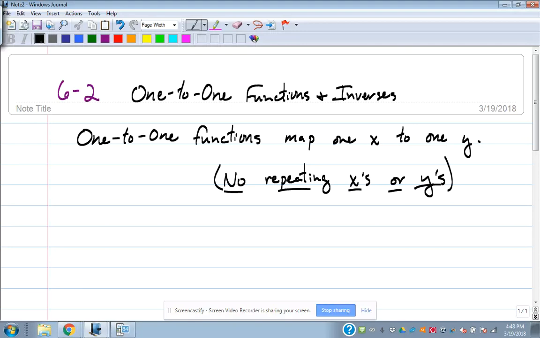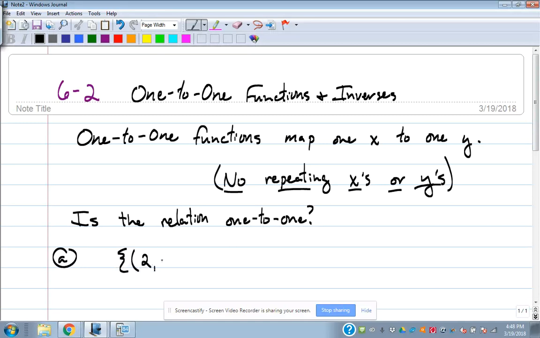Now, determining if something is a one-to-one function is something we've got to be able to do. Is the relation, a set of ordered pairs, (2, -3), (6, -8), (11, 5), (15, 1), a function first?